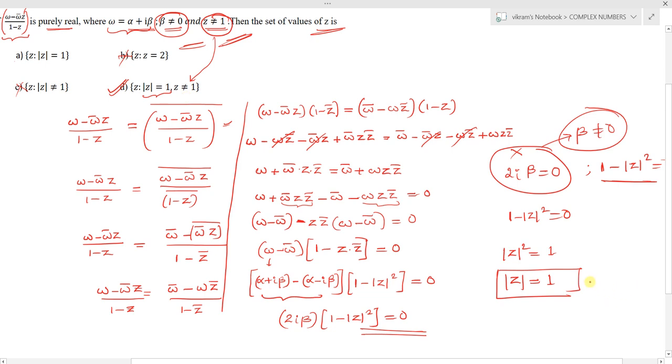Even though option A is correct, the appropriate answer has to be mod Z equals 1 and Z not equal to 1, which is the appropriate option. Okay, thank you. So I think you understand how to solve these types of problems.